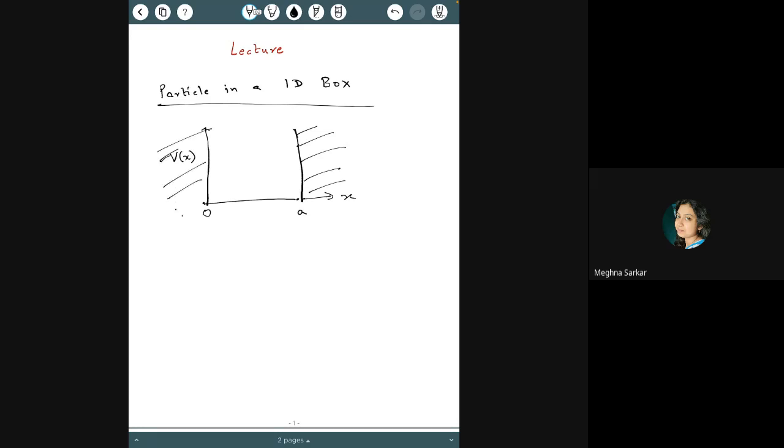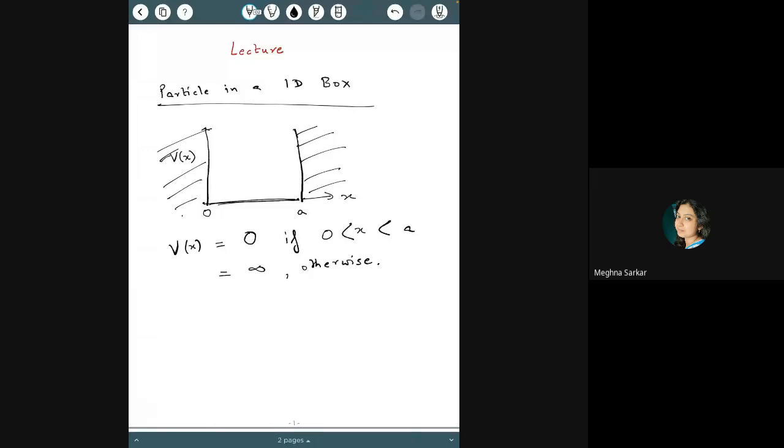So how do I mathematically say this? So I say that V(x) is equal to 0 if x lies between 0 and a, and is equal to infinity otherwise. So basically then this particle that I am talking about is constrained to move only on this line between 0 and a.